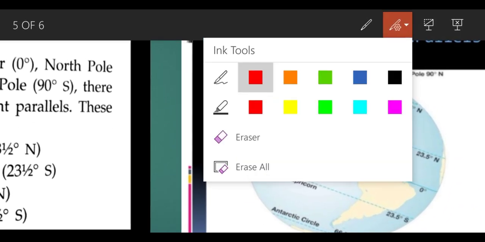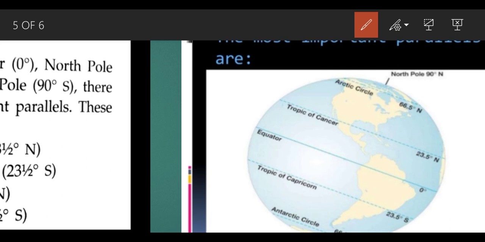Okay, now let us zoom the diagram and see. You can see the longest parallel equator at the 0 degree. Now let us move towards the north pole and see the other important parallels or lines of latitude. So another is Tropic of Cancer at 23.5 degree north and Arctic Circle at 66.5 degree north.